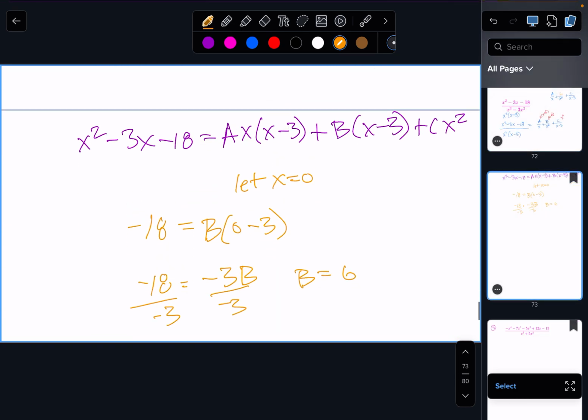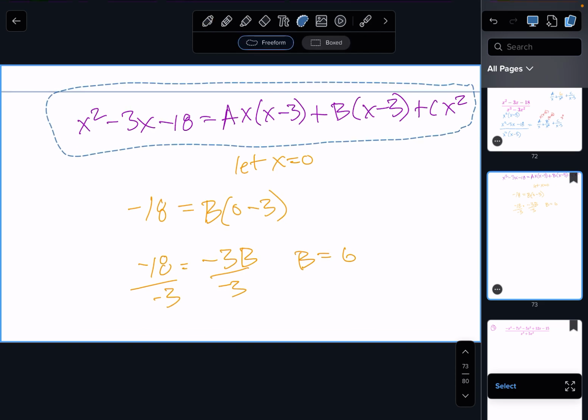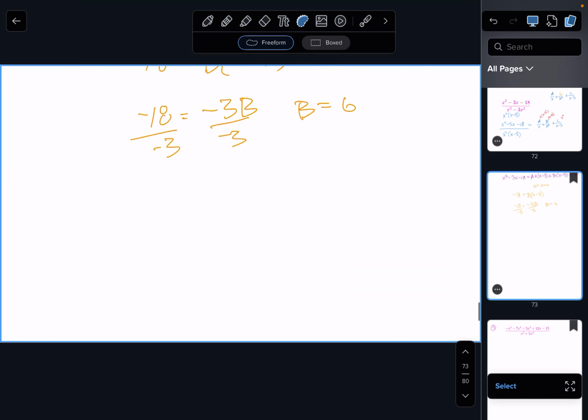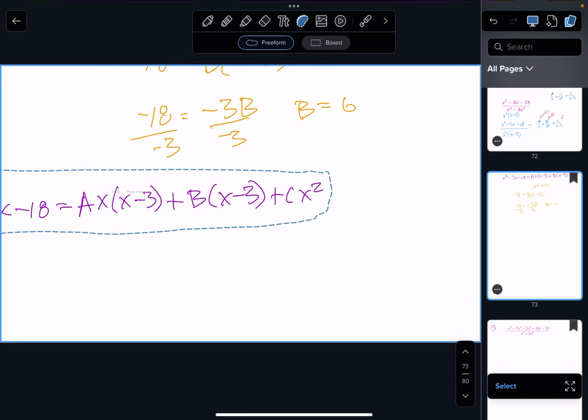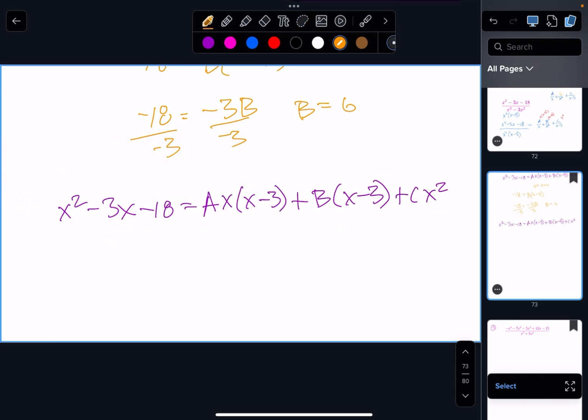Then the other let, I'm going to cheat again, and let x equal 3. And that's going to get rid of this term and this term.